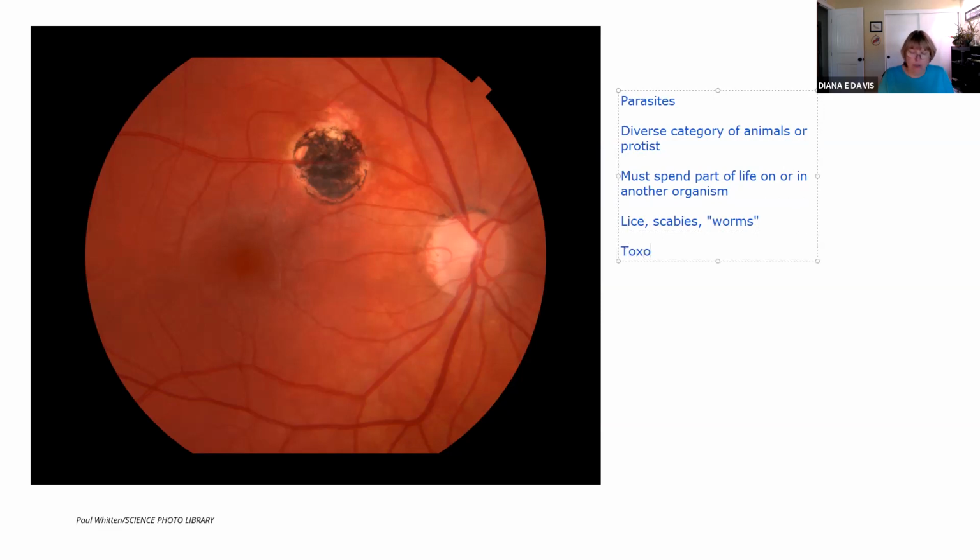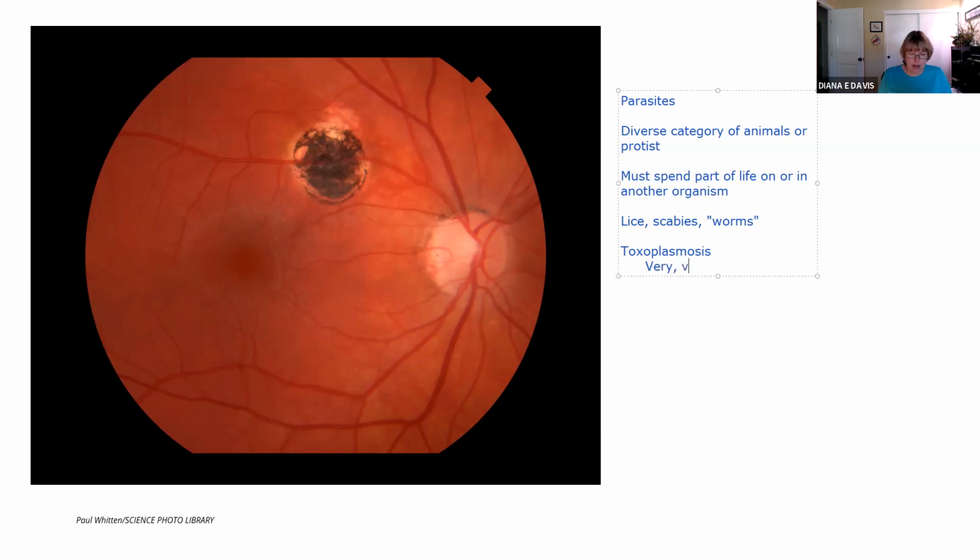This also includes toxoplasmosis, which is what you're seeing here. So this is an image of a retina, the back of somebody's eye. So you can see blood vessels in here. This is the blind spot right here. This is toxoplasmosis.